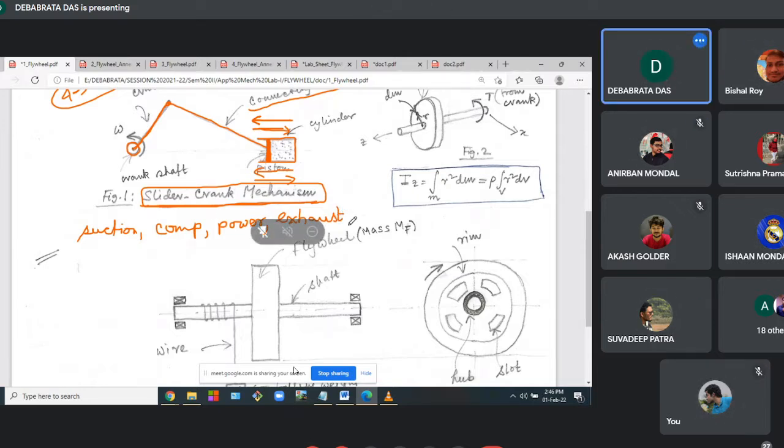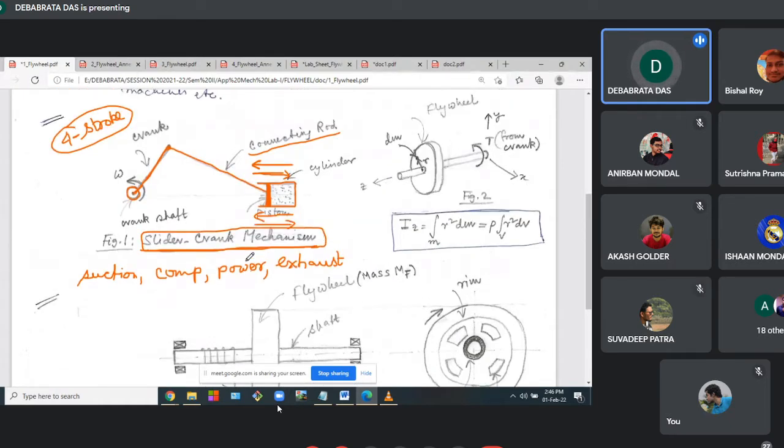Now out of these 4 strokes, in which stroke is the power developed? In the power stroke, right? Due to burning of this fuel, high pressure, high temperature gas is developed, and that gas puts thrust on the piston. That thrust is transmitted to the connecting rod.